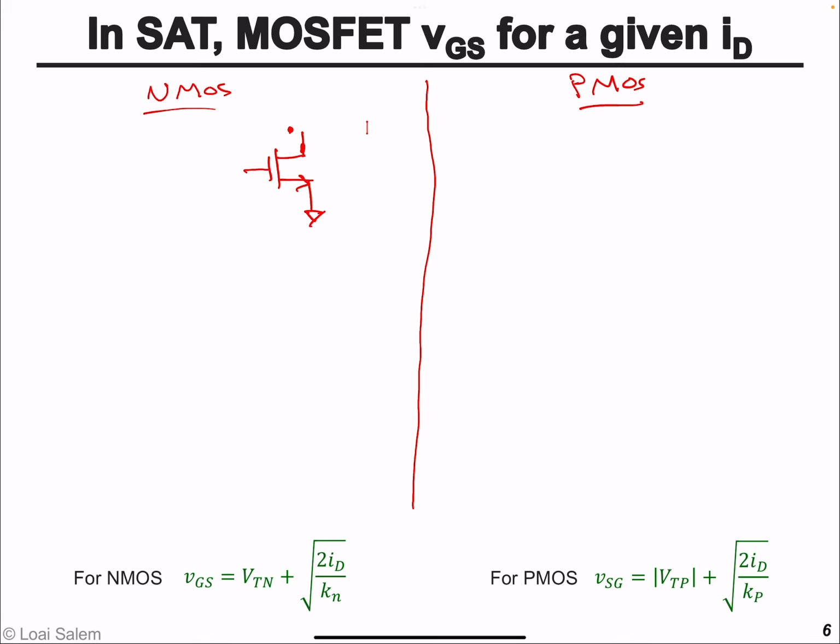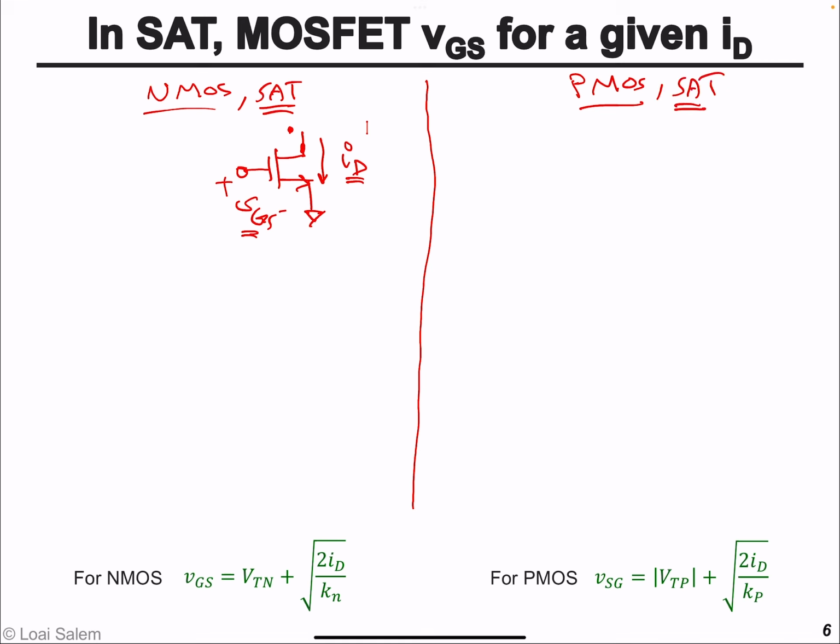This is the ground. And essentially we want to find the VGS as a function of the current that's flowing from the drain to source. Let's call it ID. So we are given the value for the current ID, say 10 milliamp, 100 milliamp, and we need to find the corresponding value of VGS. Assuming, of course, in both cases, the MOSFET is operating in the saturation region.